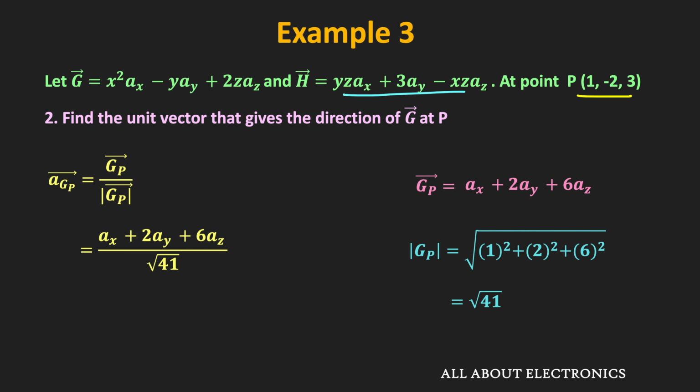So that is equal to ax plus 2ay plus 6az divided by square root of 41. And if we further simplify it, then it will come out as 0.156 times ax plus 0.312 times ay plus 0.937 times az. So in this way, for this vector field g, we also found the unit vector at this point P.